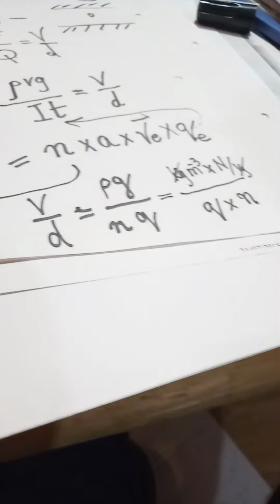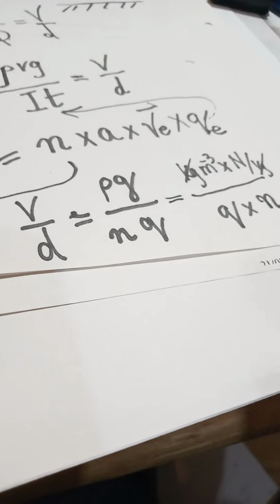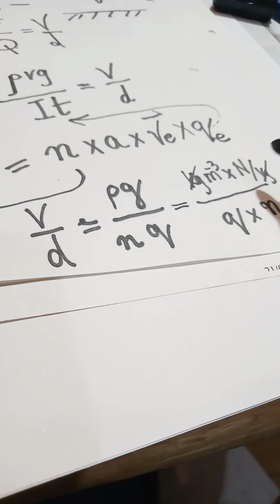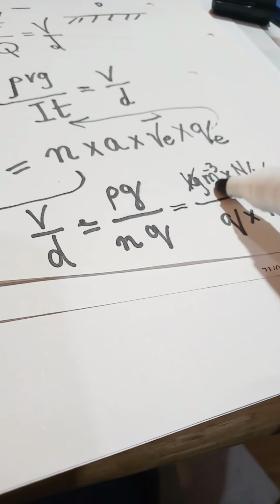So all in all, it should be completely dimensionally homogeneous, but here it's newtons per meter cubed coulomb.